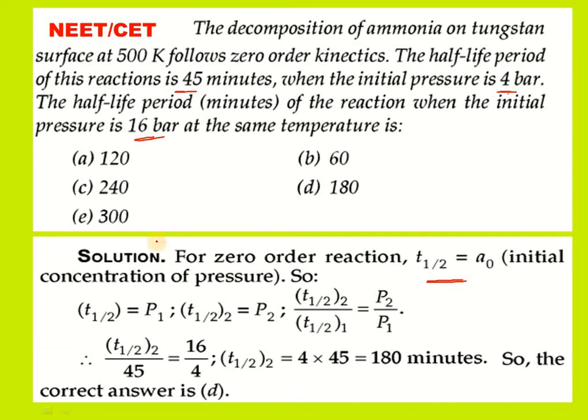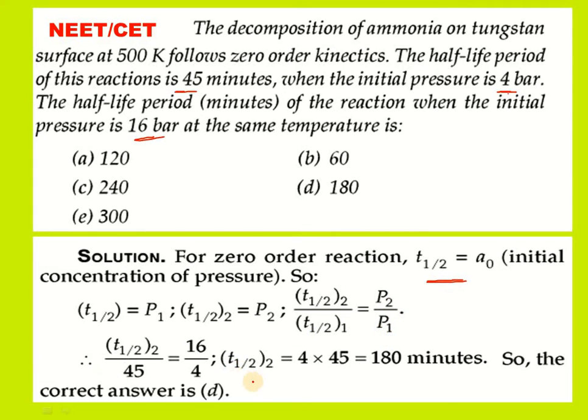that time given is 45 minutes. One half-life is 45 minutes. Okay, the other half-life we don't know, but they are given partial pressures. So t1/2 of 2 by t1/2 of 1 is equals to P2 by P1.